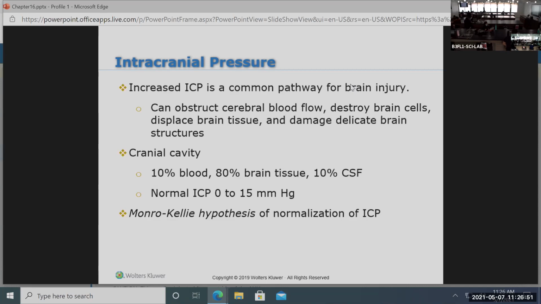If one is increasing, the other factors, like blood and the tissue, become compromised. They manage somehow to maintain a normal intracranial pressure. That's called the Monro-Kellie hypothesis. One is supporting the other, among these three players: my blood, my brain tissue, and my CSF.